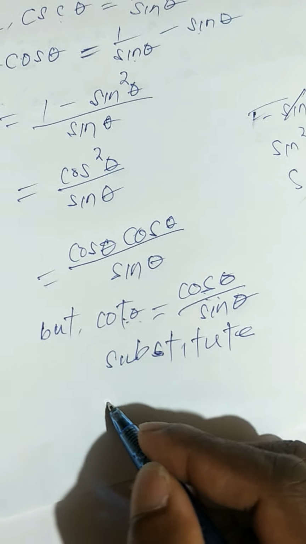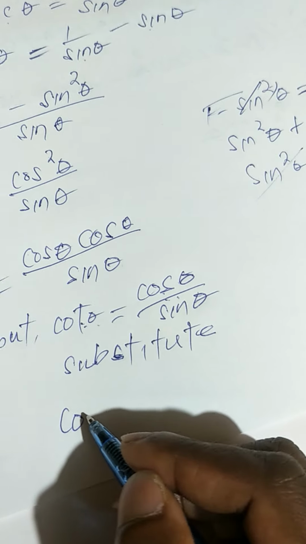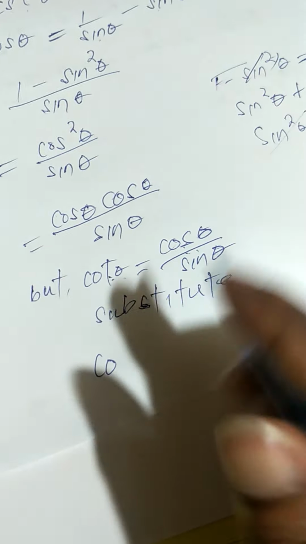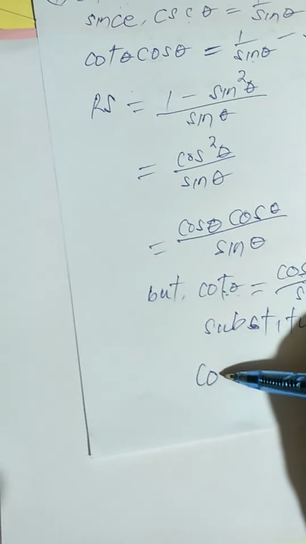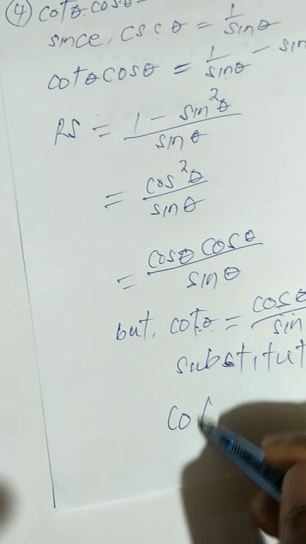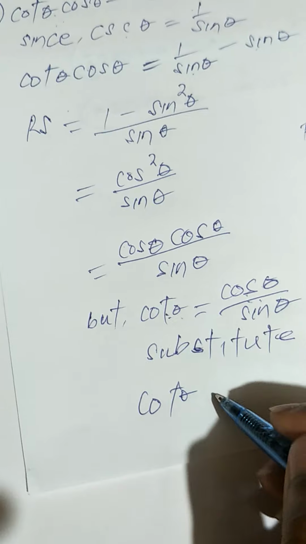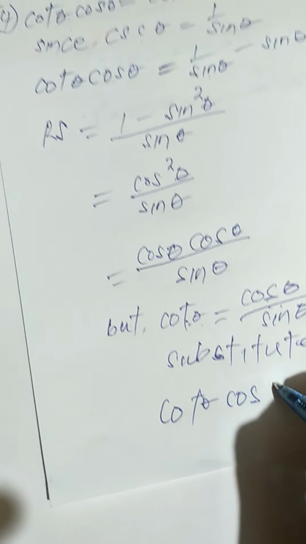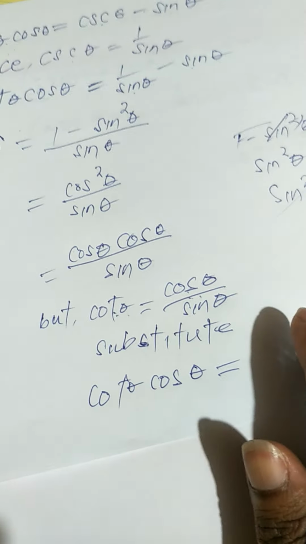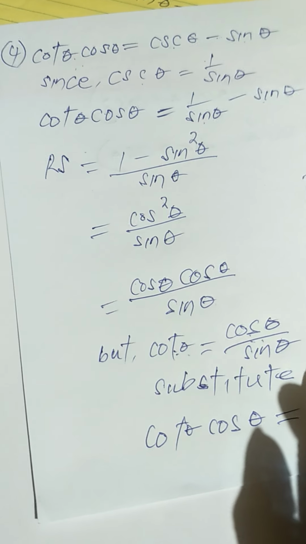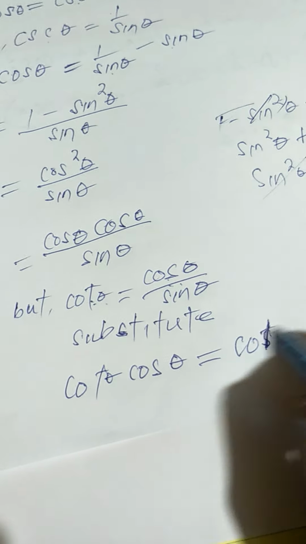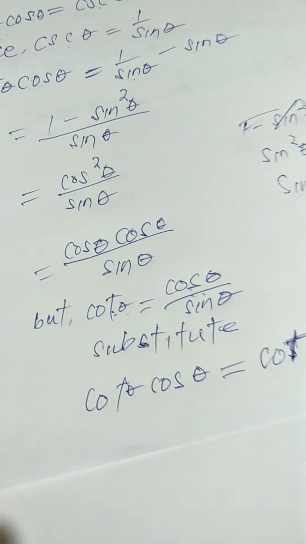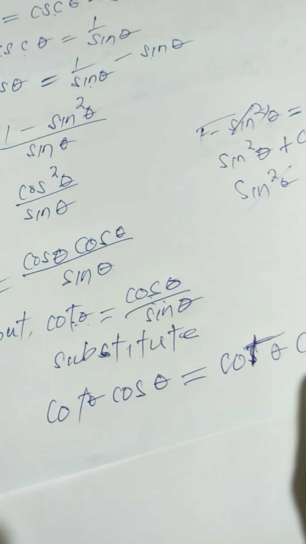Now if I state the right hand side, this one I bring down: cot theta cosine theta is equals to cot theta all over cosine theta.